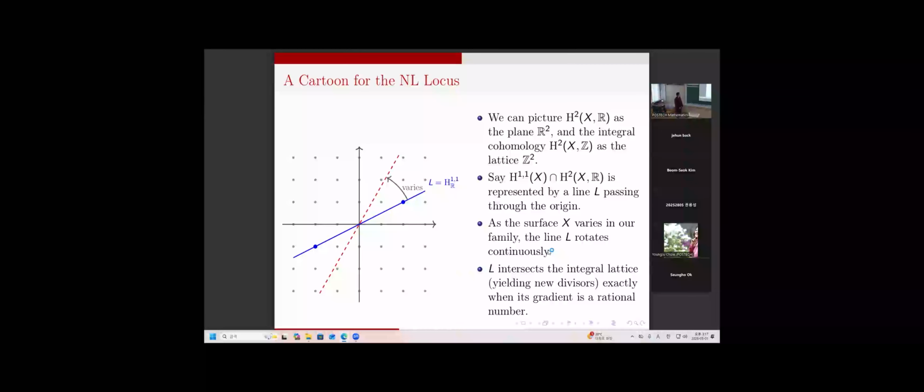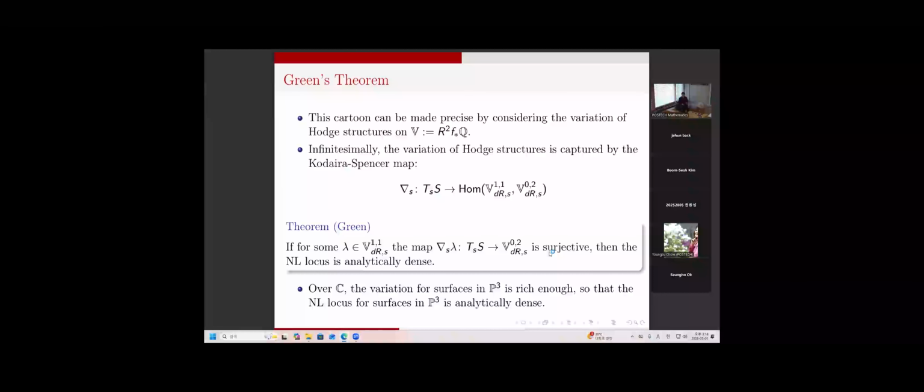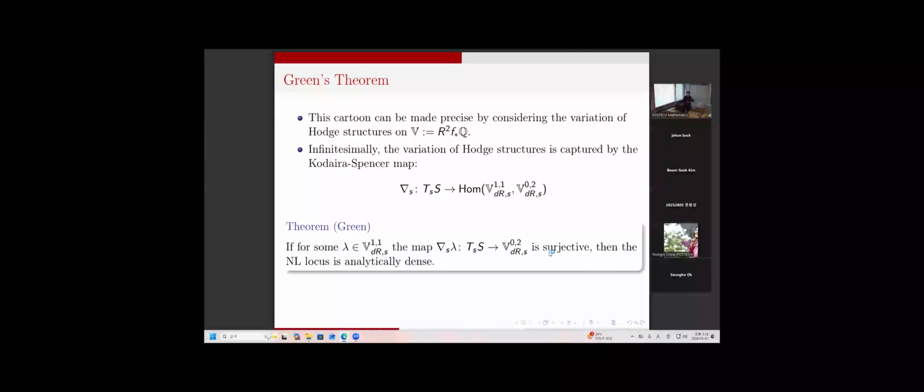Then you need to rotate your subspace in 2 directions to sweep out an open subset of the total space. So the hypothesis in Green's theorem is basically saying that you are rotating your subspace in enough directions to make sure that you sweep out an open subset of the ambient space.